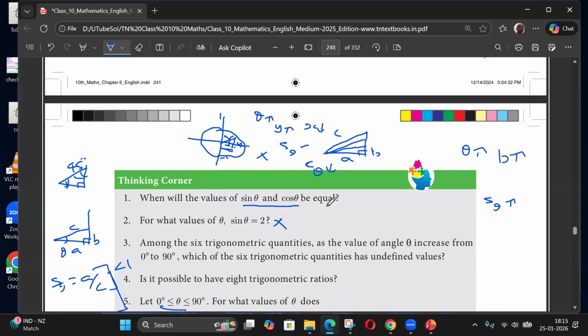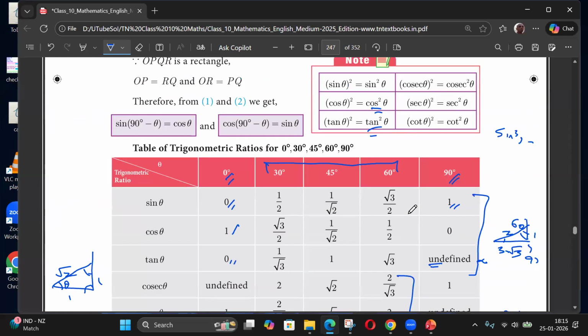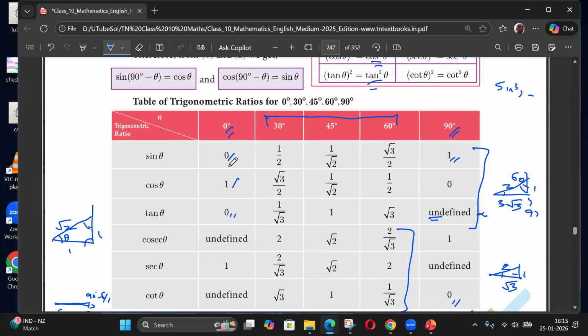Sine theta is going to increase from 0. When theta is 0, y is 0, so sine will increase from the value 0 to a maximum value of 1. Sine 0 is 0, and sine 90 is 1. From the table itself, in the first row, you can see this. Cos 0 is 1, cos 90 is 0.